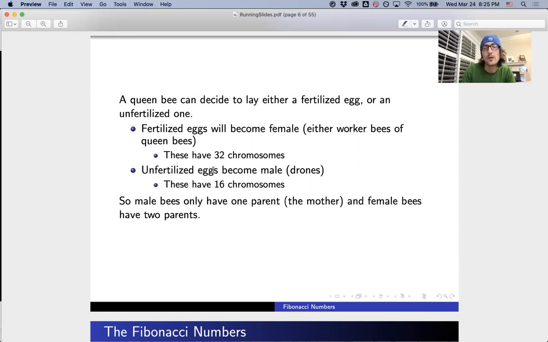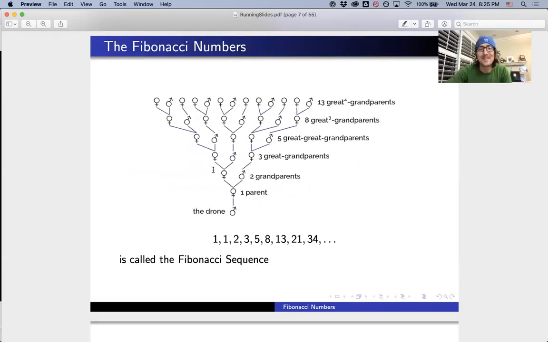If we were to draw a family tree, starting with a male bee, a drone, remember the males only have one parent. They're coming from an unfertilized egg. Kind of amazing that this works, but this is how bee genetics go. Then that mother, that female, had two parents, because every female has two parents.